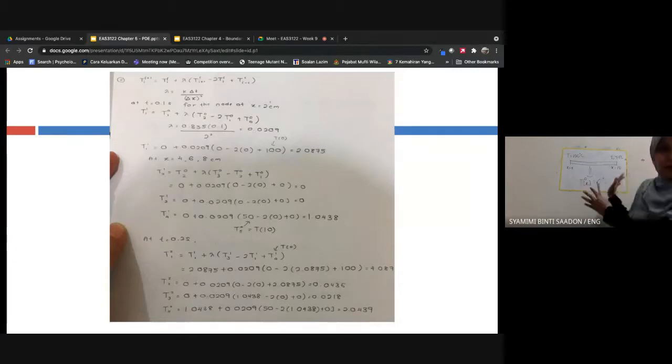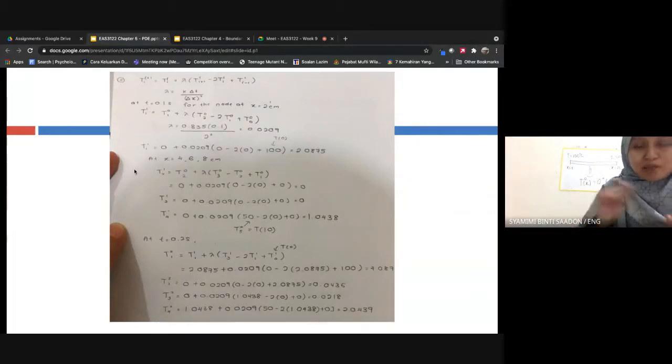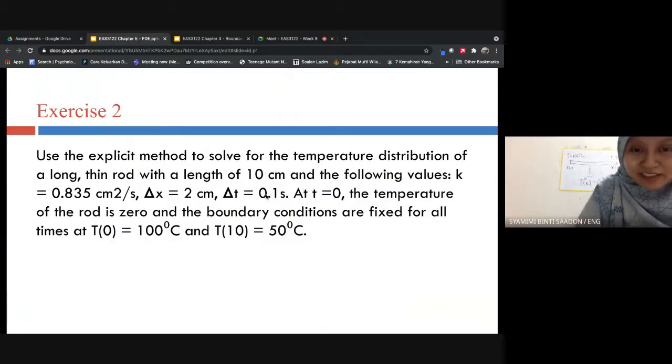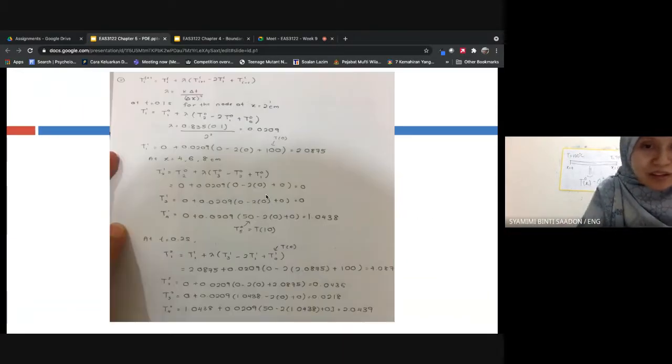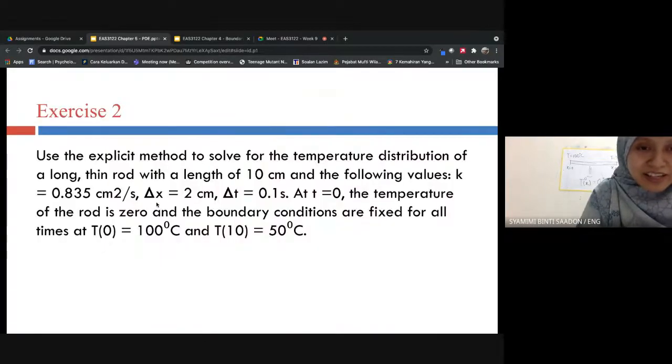So if we understand the problem, then it is just the method of calculation. This is the explicit method equation that we have. At t equals 0.1 second, because delta t is 0.1, for the node at x equals 2 centimeters, because delta x is 2 centimeters.